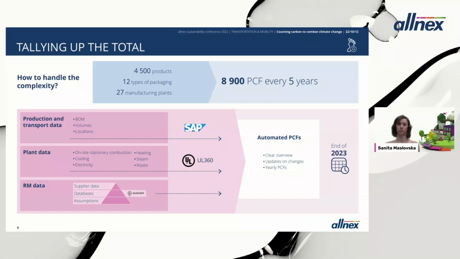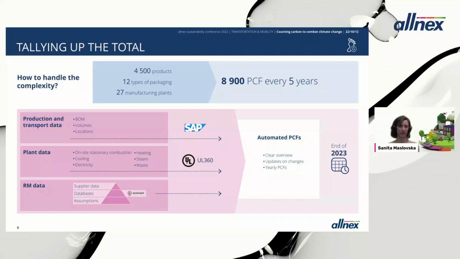So first of all, from suppliers, which is the primary data, which is the preferred data to use. And if we don't have supplier data, it would take data from generic databases, like, for example, EcoInvent. And if we don't have that either, then we'll use assumptions, either extrapolations from data we find in EcoInvent or expert judgment and other assumptions. So the tool will put all that together in an automated product carbon footprint.